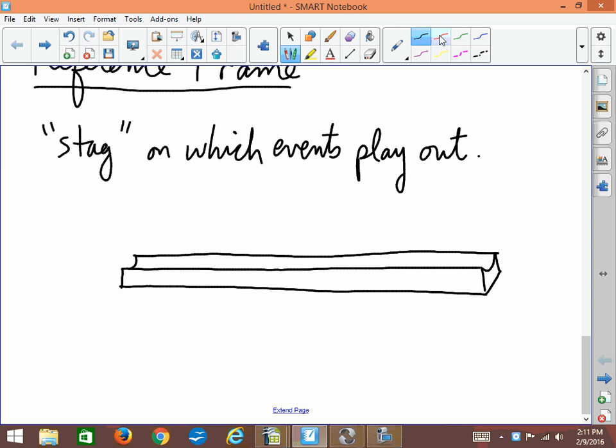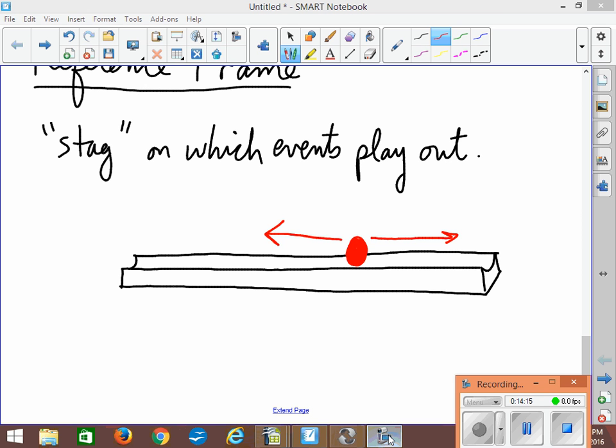Right? And I'm going to take a little red ball here, and rest it right in the groove on the top of the stick. If the ball is going to move, obviously it is either going to go this way or this way. And that's going to be it. The ball's not going to be able to go anywhere else.